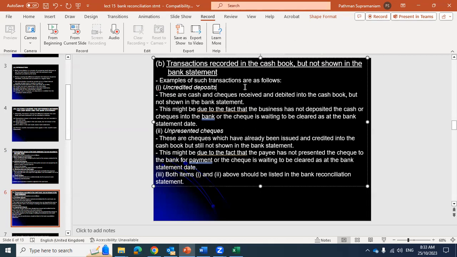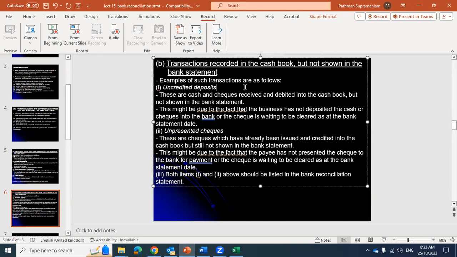Uncredited deposits are where the business collects payment from the customer in the form of a check, and the business owner records it in the cash book, but this amount is not seen in the bank statement yet. Reason: either the business owner has not gone to the bank to deposit the check, or the business owner might have gone to the bank to deposit the check and it is waiting to be cleared.